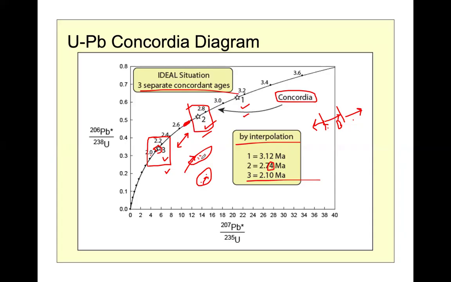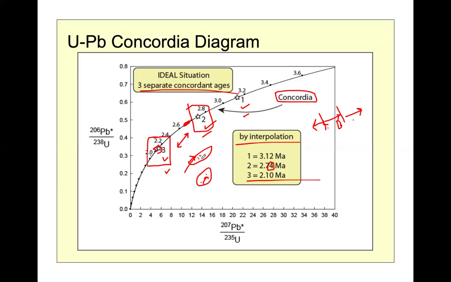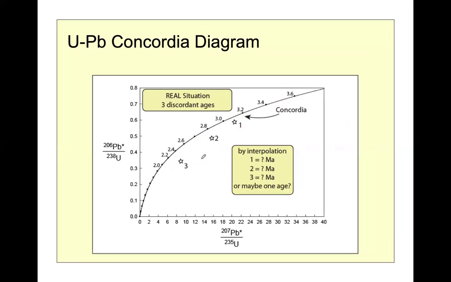Okay, this is the Concordia diagram with some examples. And we can consider the other situation as well now. Right. So you have the Concordia diagram. Previously, you had everything plotting on top of the curve. That means concordant, 100% concordant.